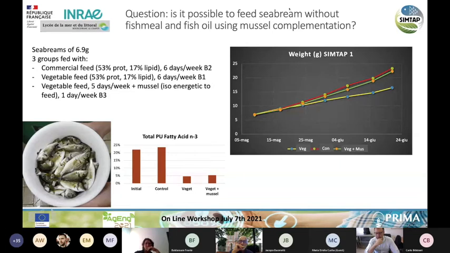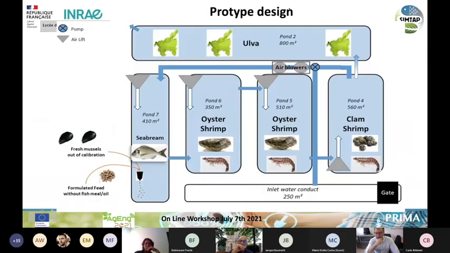The prototype was based on a closed loop of 4 ponds. The first pond received the sea bream, which were fed with formulated feed without fish meal and fish oil, added with fresh mussels out of calibration 1 day a week. The water from this pond goes to a second one, where shrimp and oyster grow.